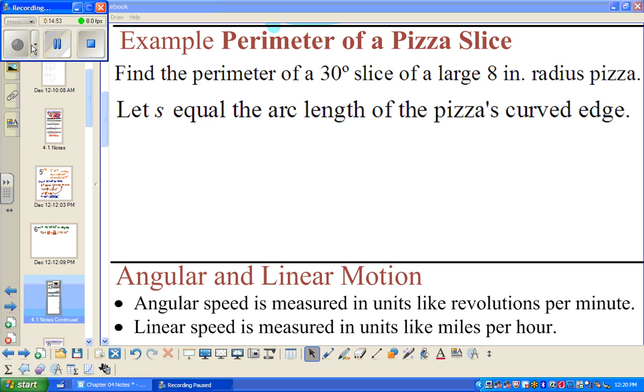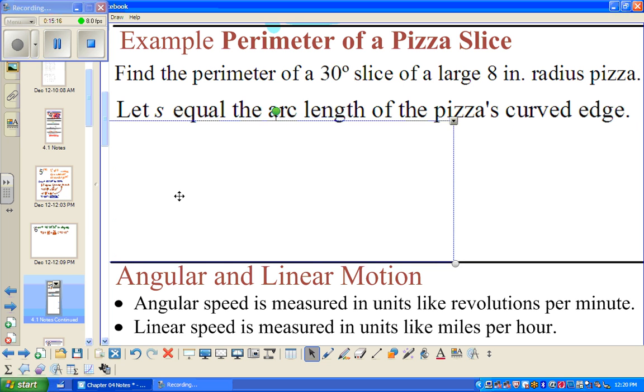So real quickly here, the perimeter of a 30-degree slice of a large 8-inch radius pizza, we're trying to find the perimeter of that. So the distance around the outside of this pizza slice, which has a 30-degree central angle, you do that basic work again.